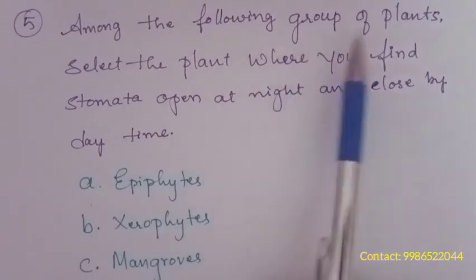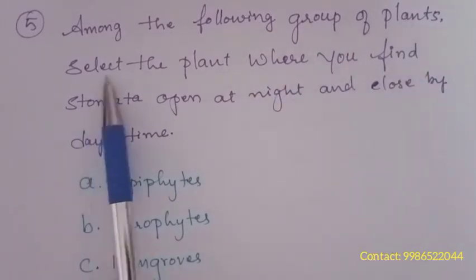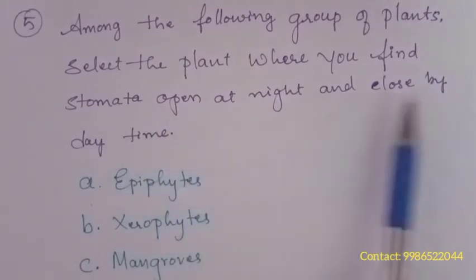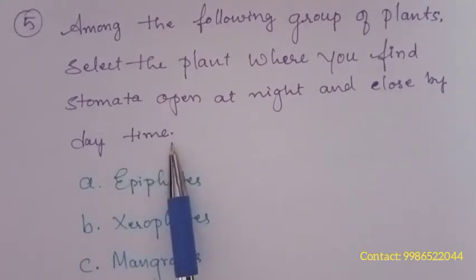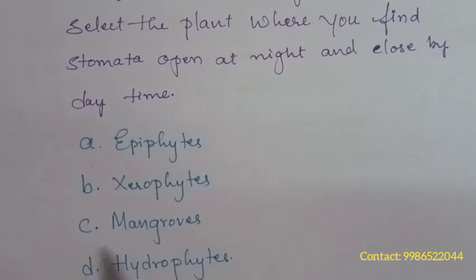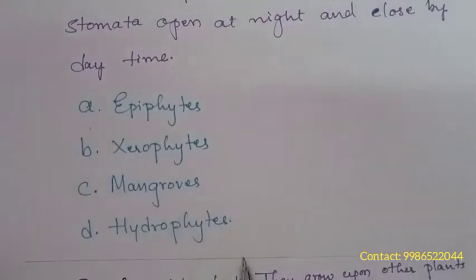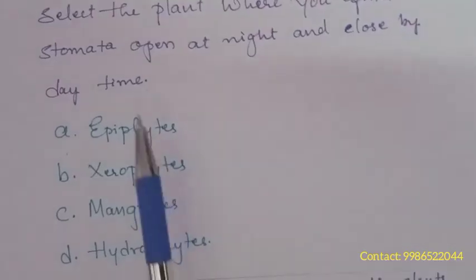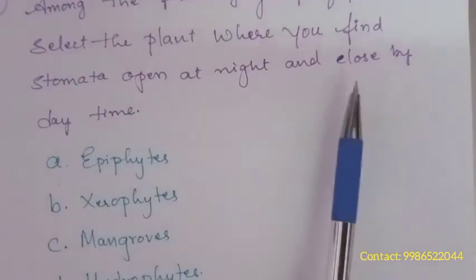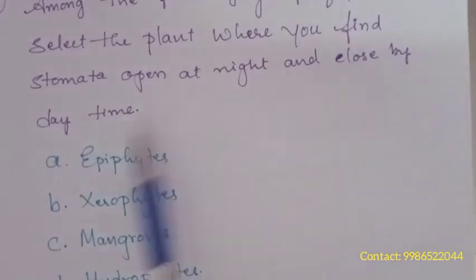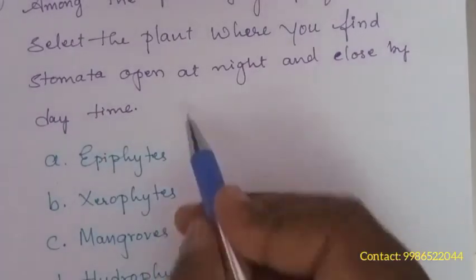Among the following group of plants, select the plant where you find stomata open at night and closed by daytime. The options are: A, epiphytes, B, xerophytes, C, mangroves, and D, hydrophytes. According to your NCERT textbook, the plant where you find stomata open at night and closed by daytime, the example given in your textbook is a cactus.